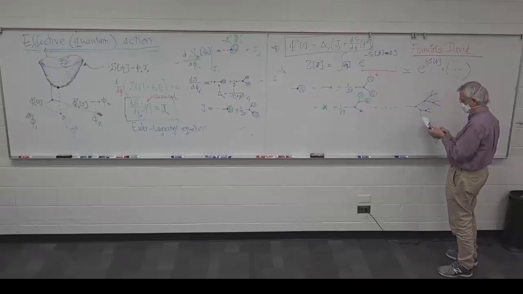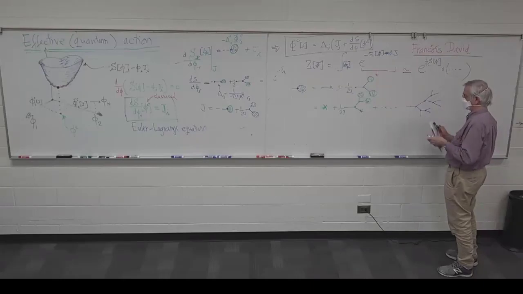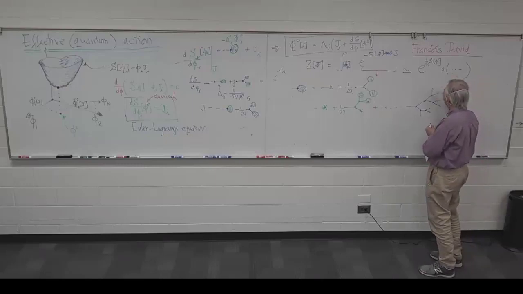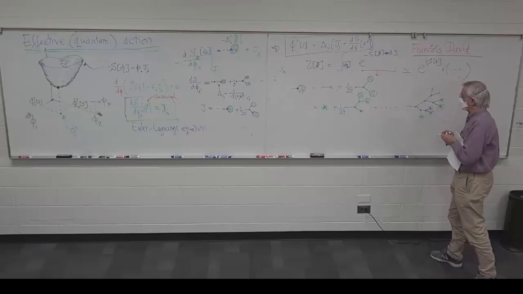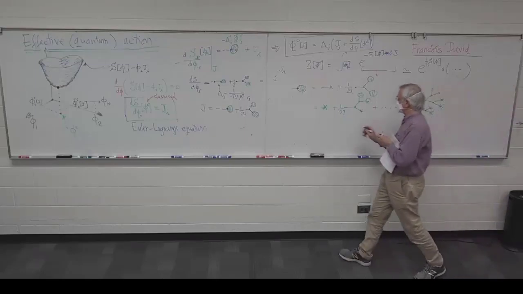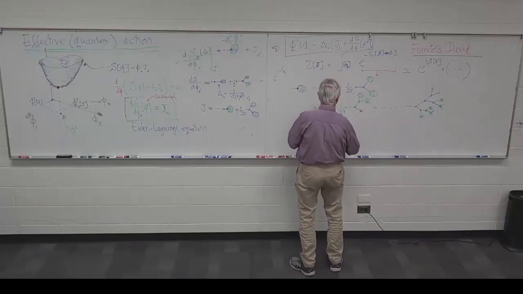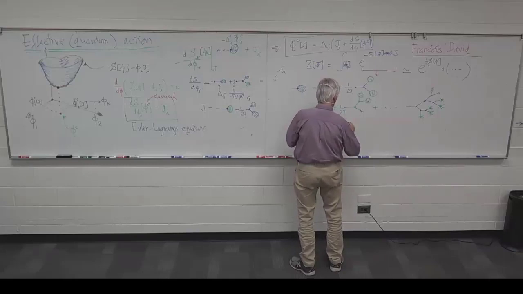And then they end up in this external field. So you get terms which are of the form g to some power M, let's say, meaning M vertices.